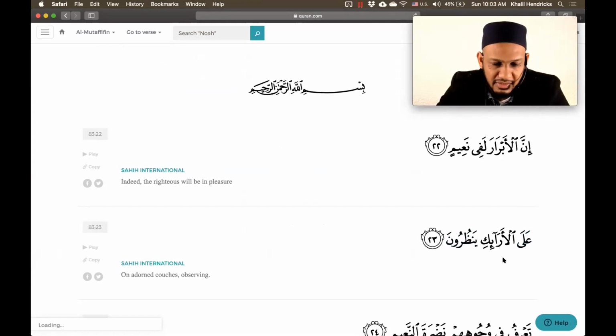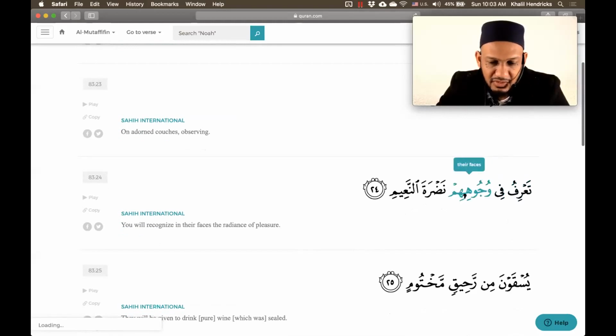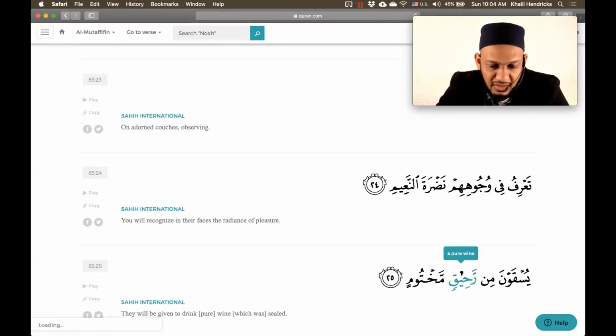Ala al-ara'iki yanzurun, ala is harful jar, al-ara'ik is the couches. Ala al-ara'iki yanzurun, nadara yanzuru means to look, they're looking around, they're observing. Then it says, تعرف في وجوههم نضرة النعيم, you recognize in their faces the radiance of the bliss. يسقون من رحيق مختوم. I can see the sentence now carries on about them, and they are given a drink from a wine which is sealed. The sentence carries on.